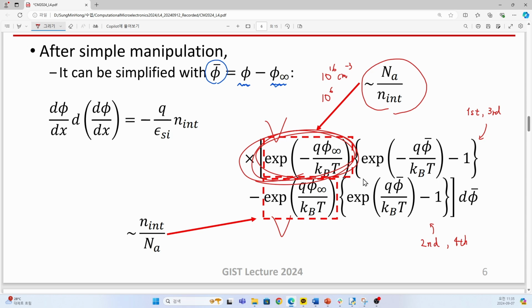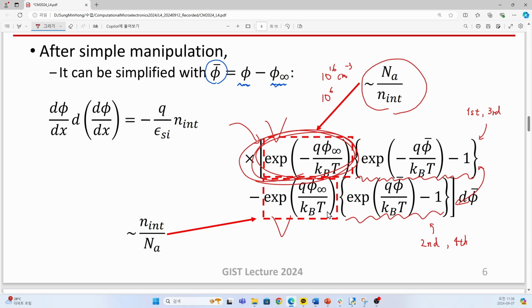So in the usual case, if these curly bracket terms are comparable to each other, then obviously the first term will contribute to the right hand side mostly.